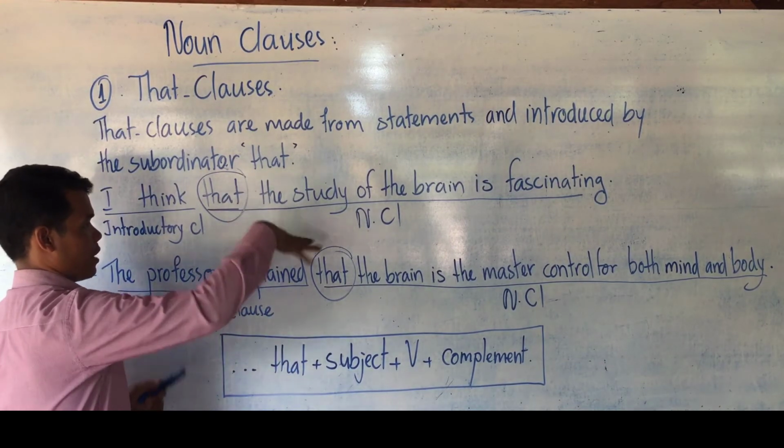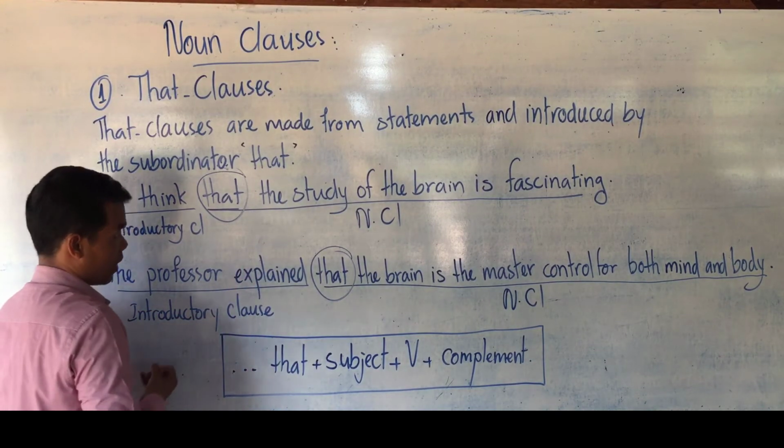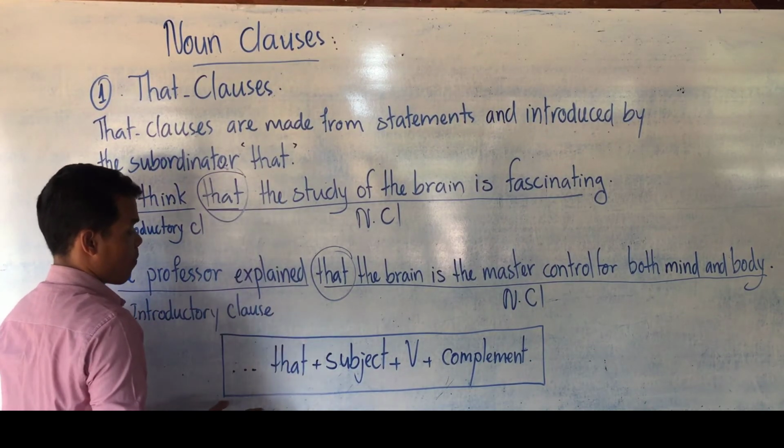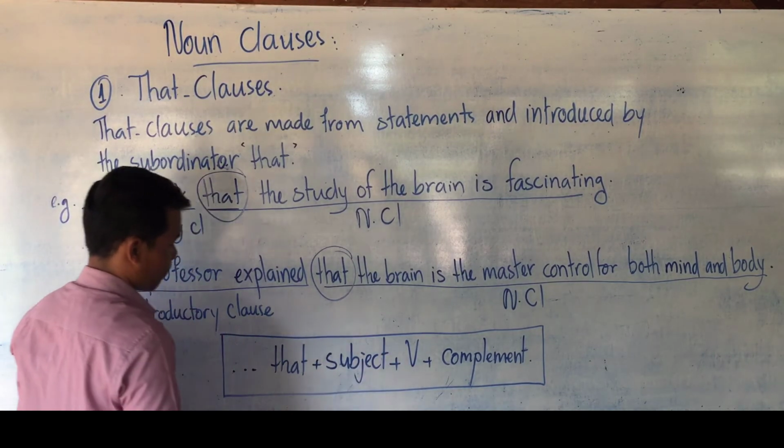According to the two examples, you can make the that clause form like this: that plus subject plus verb plus complement.